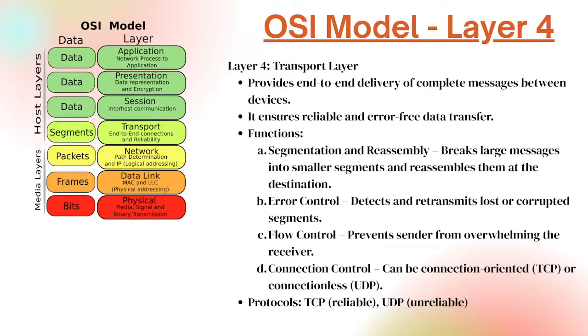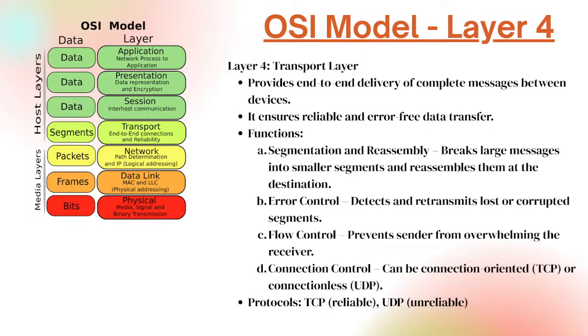Then error control: it checks for errors in data and requests retransmission if needed. It detects and retransmits lost or corrupted segments. Then flow control: it ensures that the sender does not send data faster than the receiver can handle.